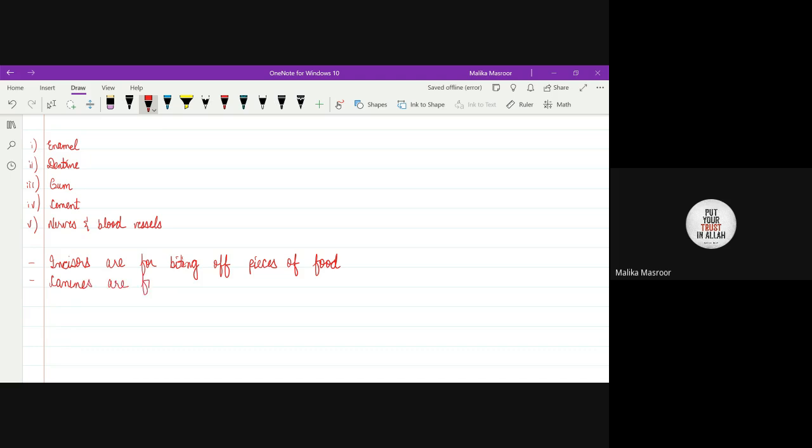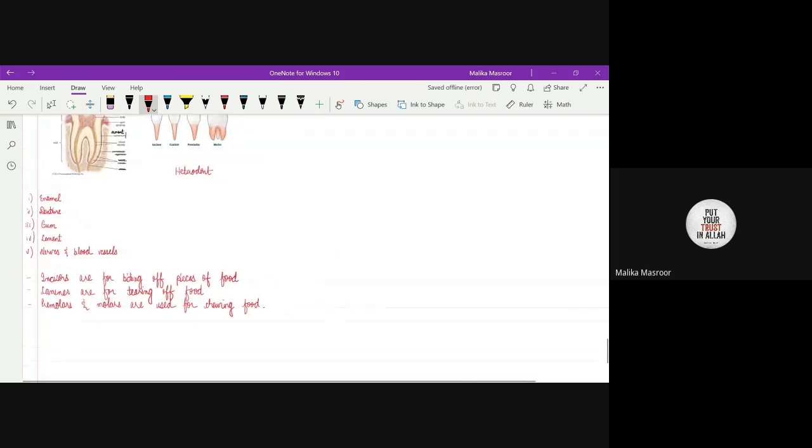Even lions and others have them. Premolars and molars are for chewing food, because they are at the back of the mouth. Clear?